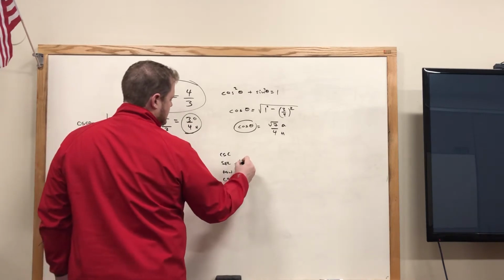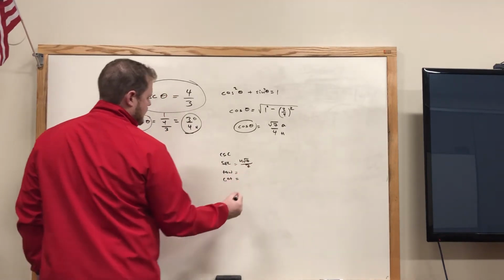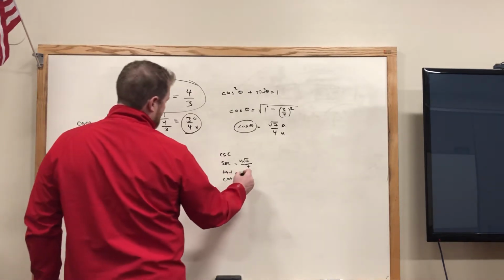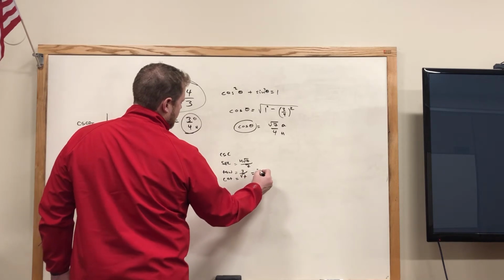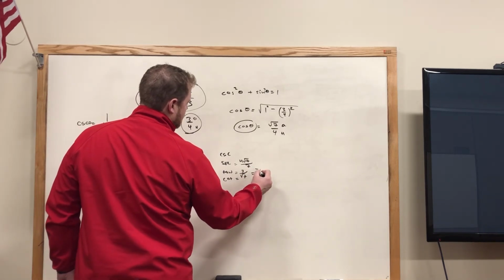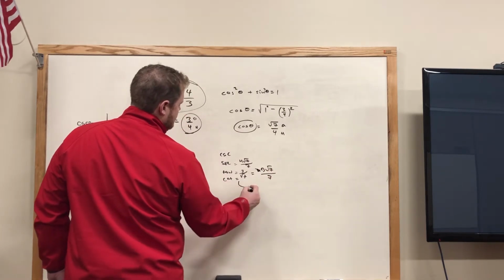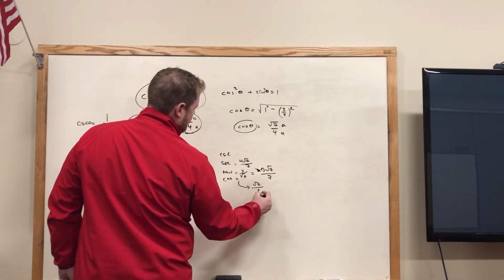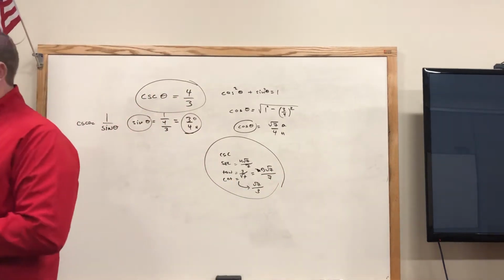Secant is going to be 4 times square root of 7 over 7. Tangent's going to be 3 over the square root of 7, or 3 square root of 7 over 7, and cotangent's going to be square root of 7 over 3. So those can be identified quickly and easily.